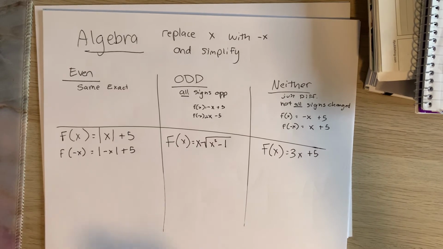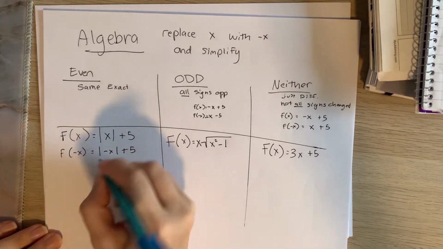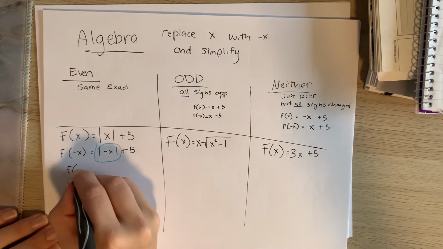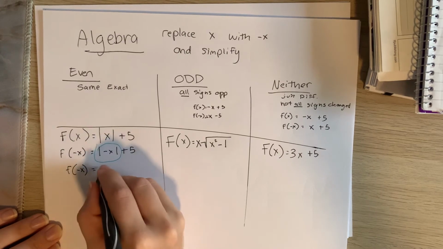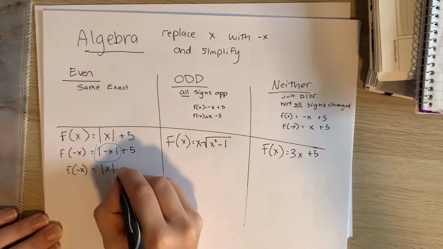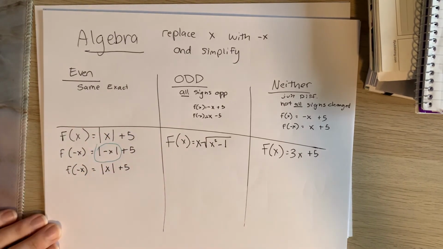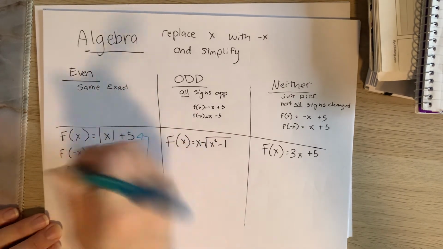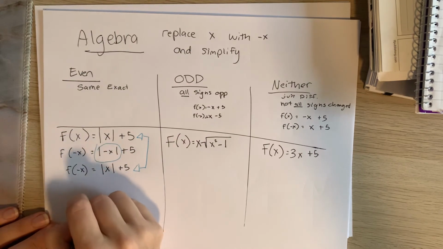And then simplify everything you can. And with this one, I can simplify this part. Anything in the absolute value becomes positive. So that negative x just turns back positive because of the absolute value. So if you compare the first one to the last one, they are exactly the same, making this an even function.